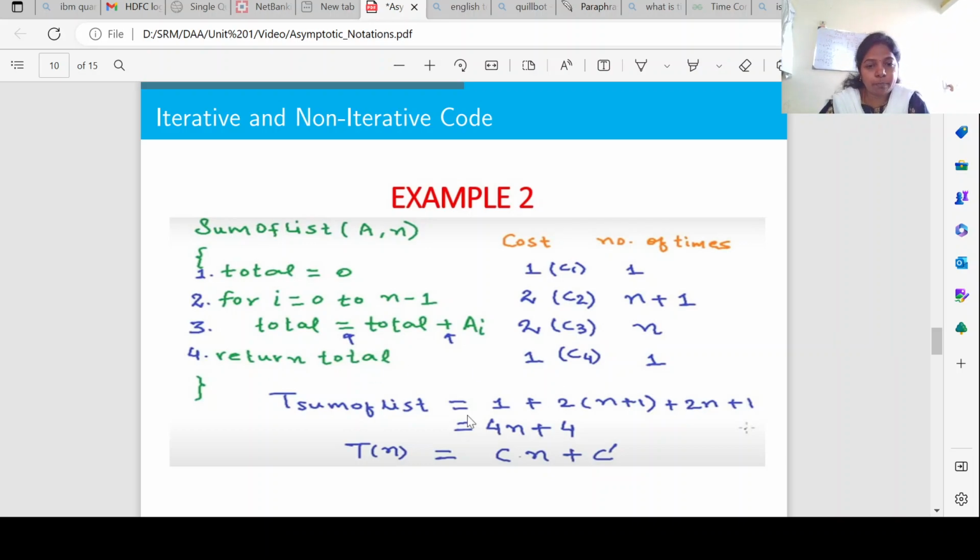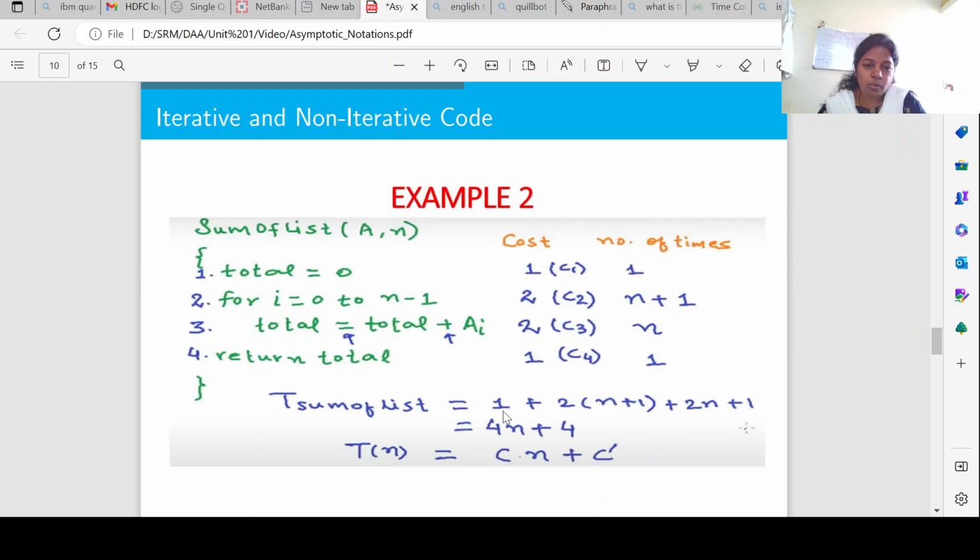So the total time complexity for this algorithm: you multiply cost and number of times. 1 into 1, that is 1, plus 2 into n plus 1, plus 2 into n, that is 2n, plus 1 into 1, that is 1.